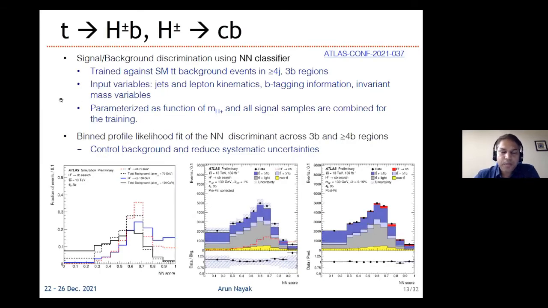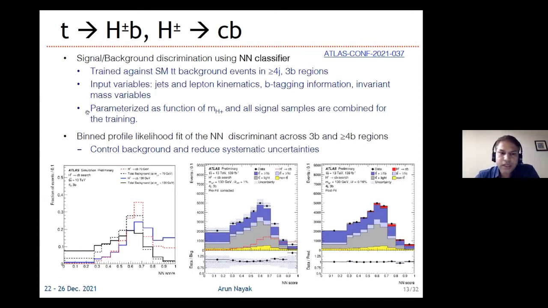So the signal is discriminated from the background using a neural network classifier, which is trained against the standard model background with the events in the region with 4 jets and greater than 4 jets and 3 b-tagged jets. So input variables like jet and lepton kinematics, b-tagging information, and invariant mass variables are used. And this neural network is parameterized.